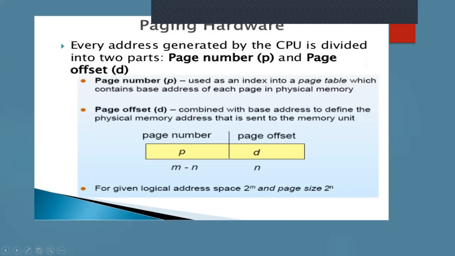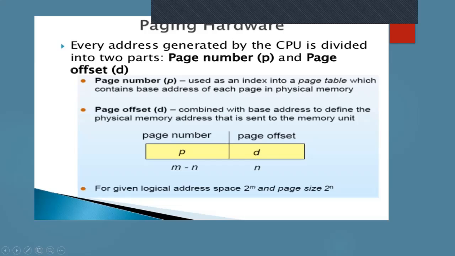Now, paging hardware. Every address generated by CPU is divided into two parts, page number and page offset. Page number P is used as an index into a page table which contains base address of each page in physical memory.